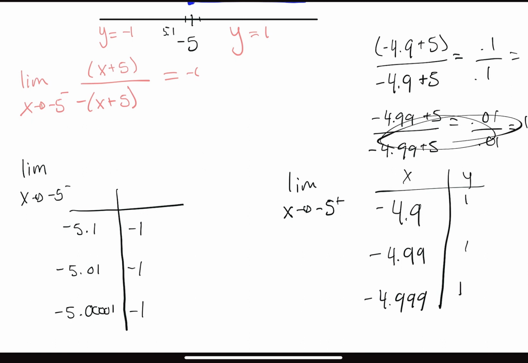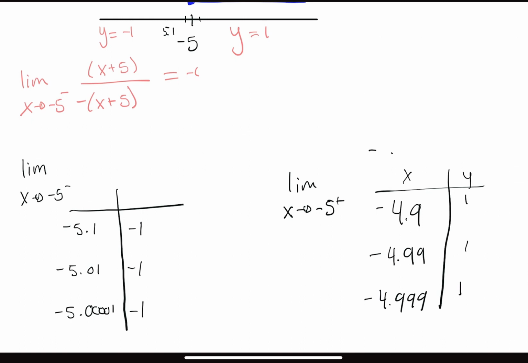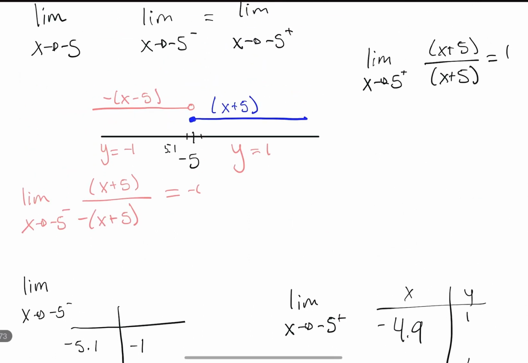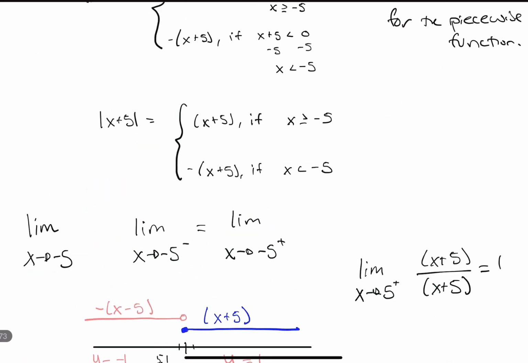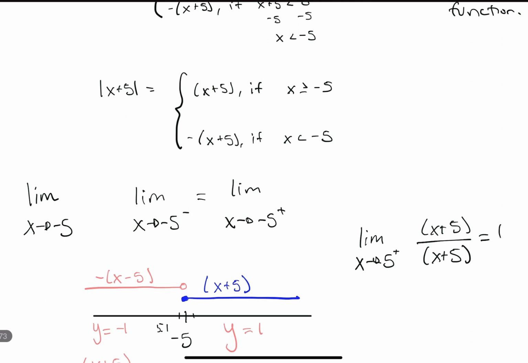But there's one more value I do want to check, to make sure that when we're coming in from the right, we are using this greater than or equal to -5, or making sure that this greater than or equal to doesn't switch to our negative value when we're coming in from the left.